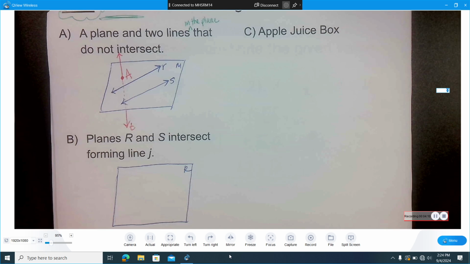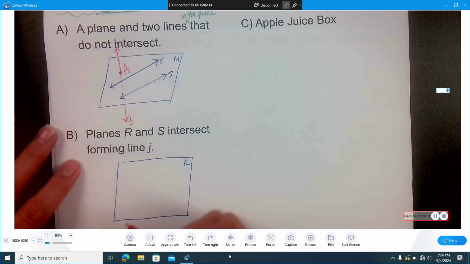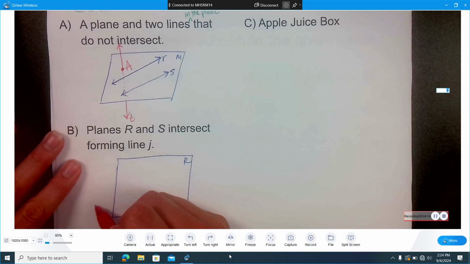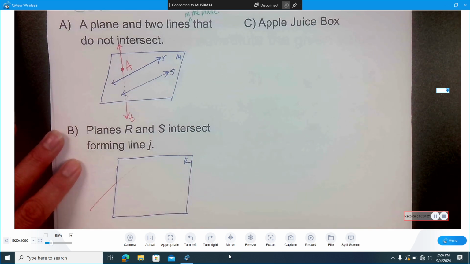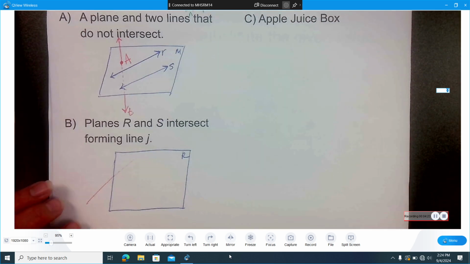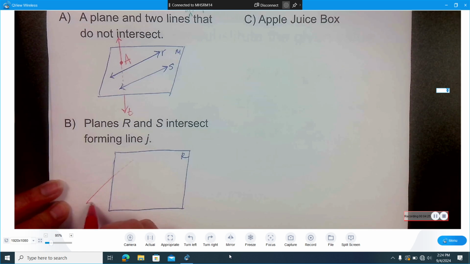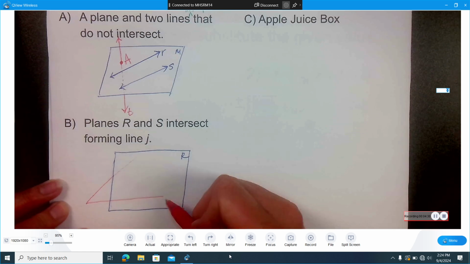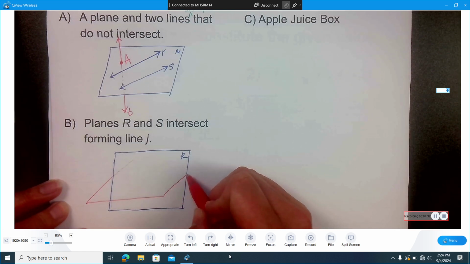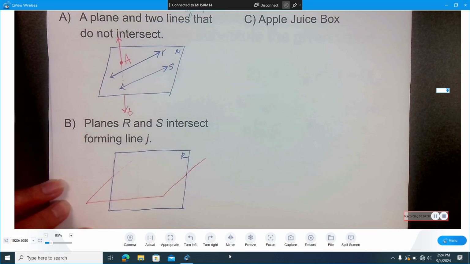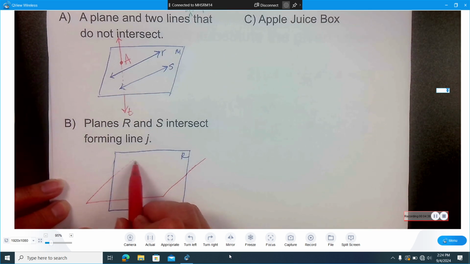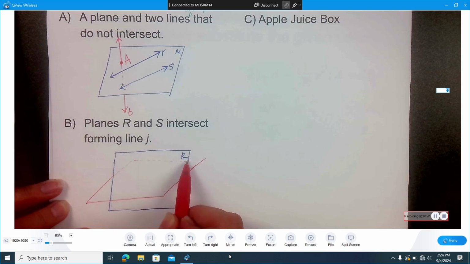So I'm going to draw slightly differently because this is kind of an interesting thing to do. I'm going to draw my plane S. So I'm going to come in and hit my plane, and it's going to pass through the back a little bit. I'm going to come in front here a little ways and turn the corner and hit plane R. And then connecting my lines here at the back side.